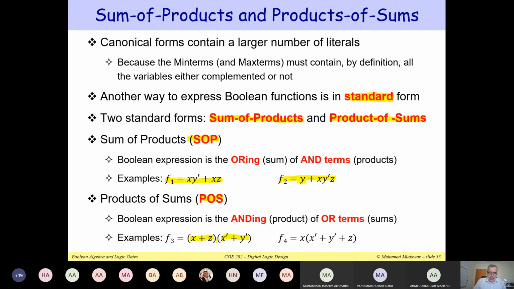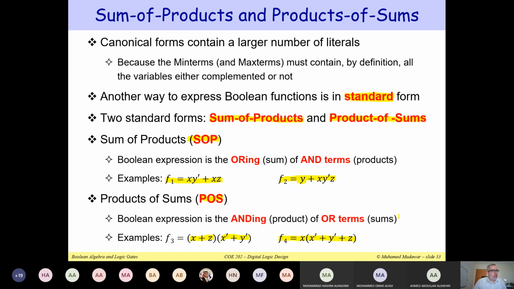So we call it a product because we have an AND here, of sums because my terms are OR terms. Another example is f4, also a product of sums. My first term is just x, but my second term is x prime or y prime or z. So these are examples of sum of products and product of sums.